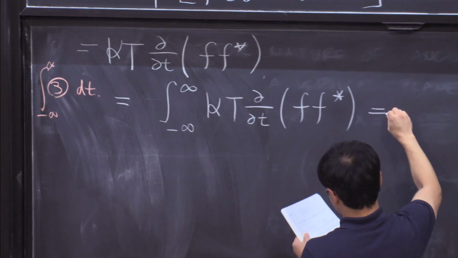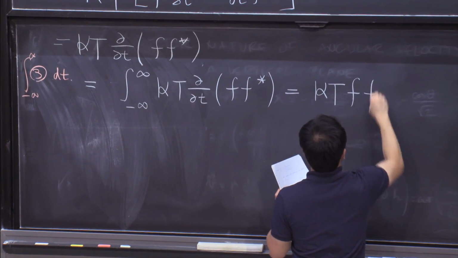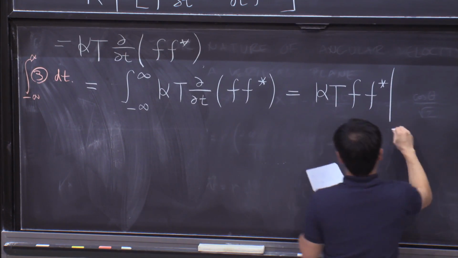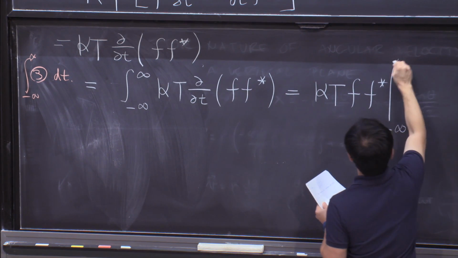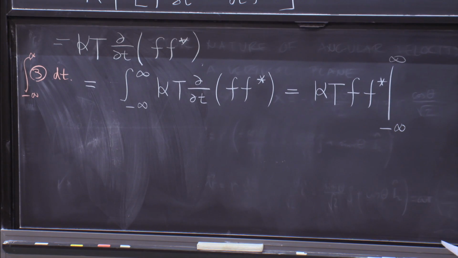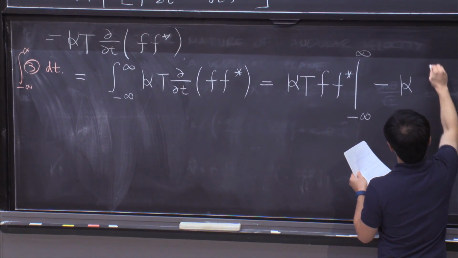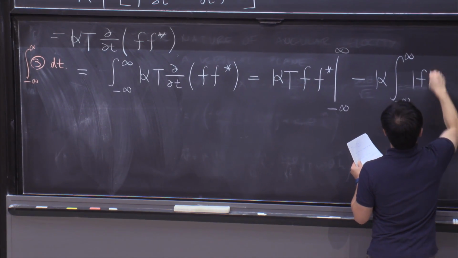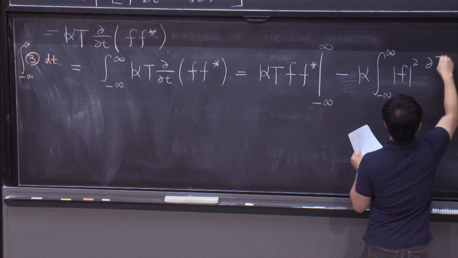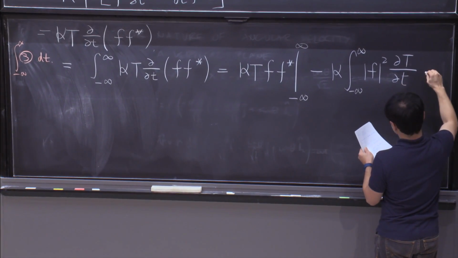So basically, what I'm going to get is kappa t f star, evaluated at minus infinity and plus infinity, minus kappa times the integral from minus infinity to infinity of f squared partial capital T partial t dt.